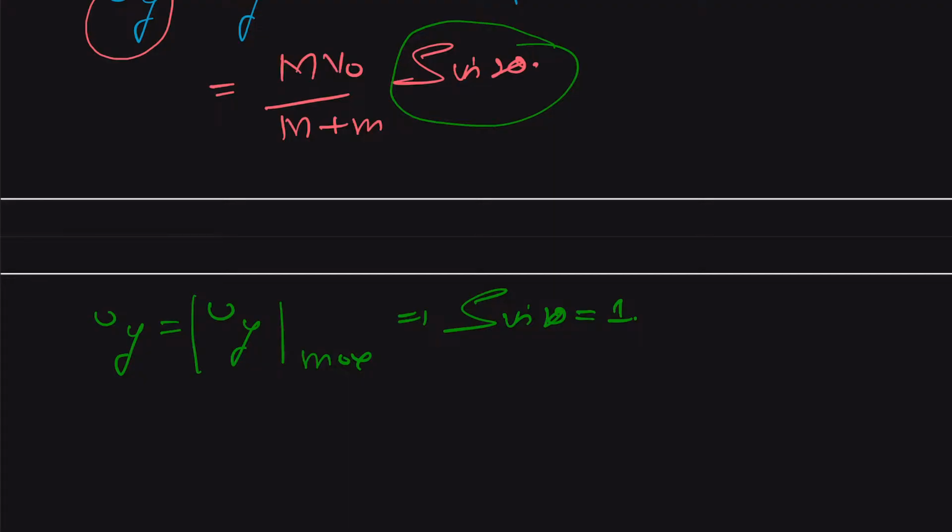Therefore, we can write the value of theta is equal to pi by 4. So for this value of theta, we are going to get the maximum value of the vertical component of the velocity after the collision.